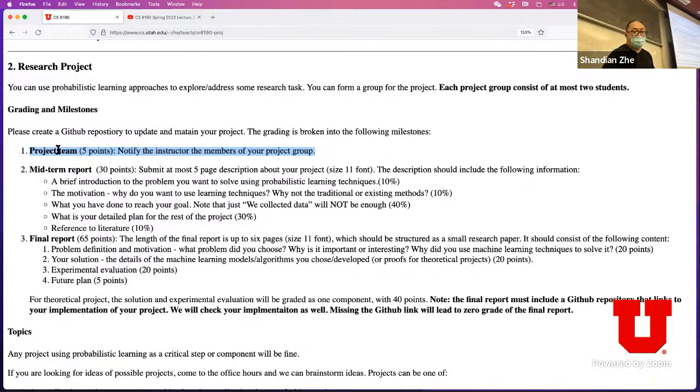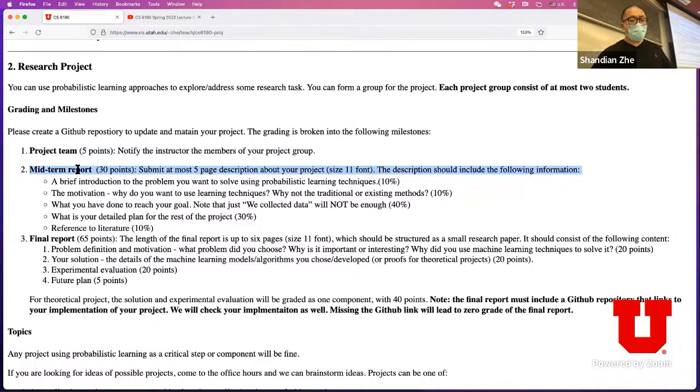Don't miss that, because in the machine learning course I taught last semester, one student just forgot to inform us of the project type. Although in the end we knew he was doing a Kaggle project, he missed some points and he got a B+. He was supposed to get an A minus or A, but he missed a few points, and at that time I could not do anything. So don't miss that.